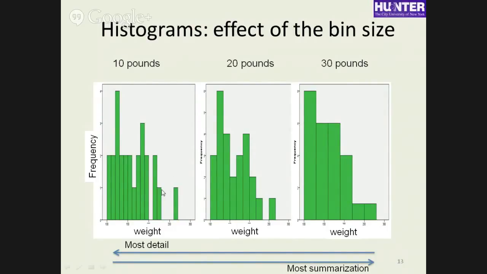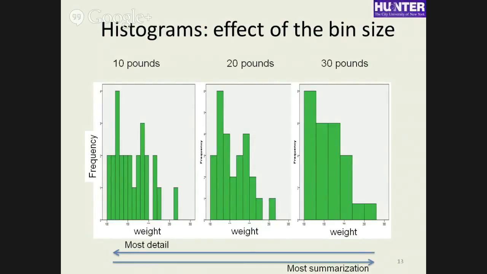There are a couple with just 1, some with 2, and at most 4. In the middle here, that was with 10-pound bins. With 20-pound bins, you get on average twice as many per bar. So we have up to 6 here. And making them even wider, you're doing more summarization, putting more things into the same bin.